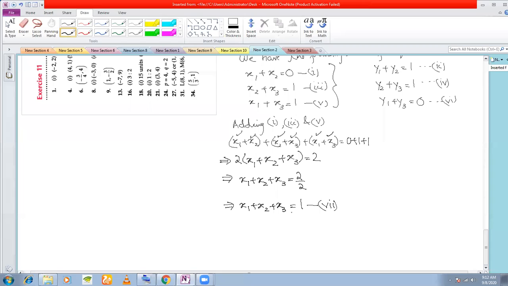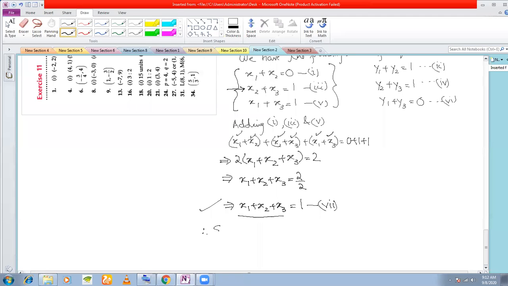Now from here we are going to find out the values of X1 from these three equations and this equation that we have got as a result of adding the three equations. These four equations will give me the values of X1, X2 and X3. Suppose I need to find X1. In equation number 7 you have X1, X2 and X3. In which of the three equations you don't have X1? You have X2 plus X3 here.